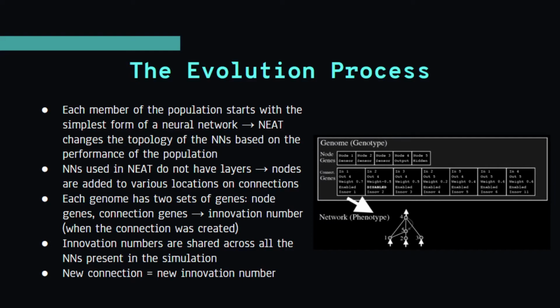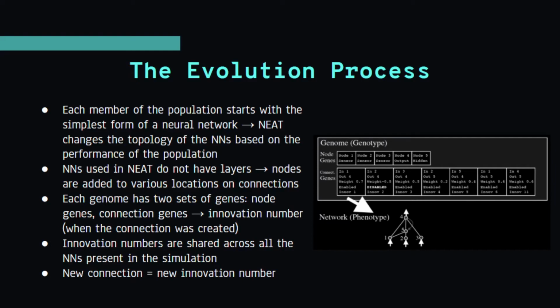So what I mean by that is, you know how there are several different neural networks in each population. For each individual, there are different neural networks. So sometimes in one individual you'll have a connection from 1 to 4, but in another individual, you may also have a connection between 1 and 4. That will have the same innovation number.